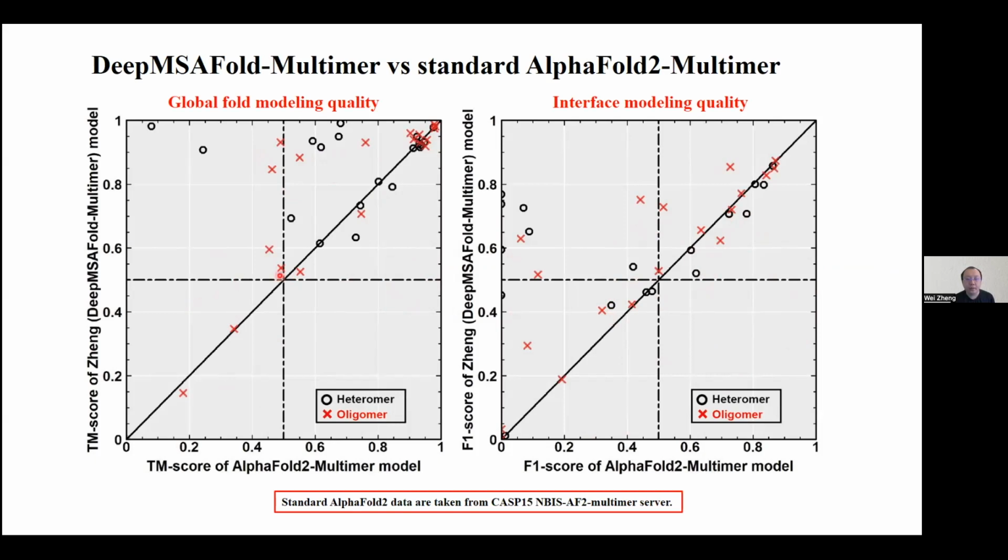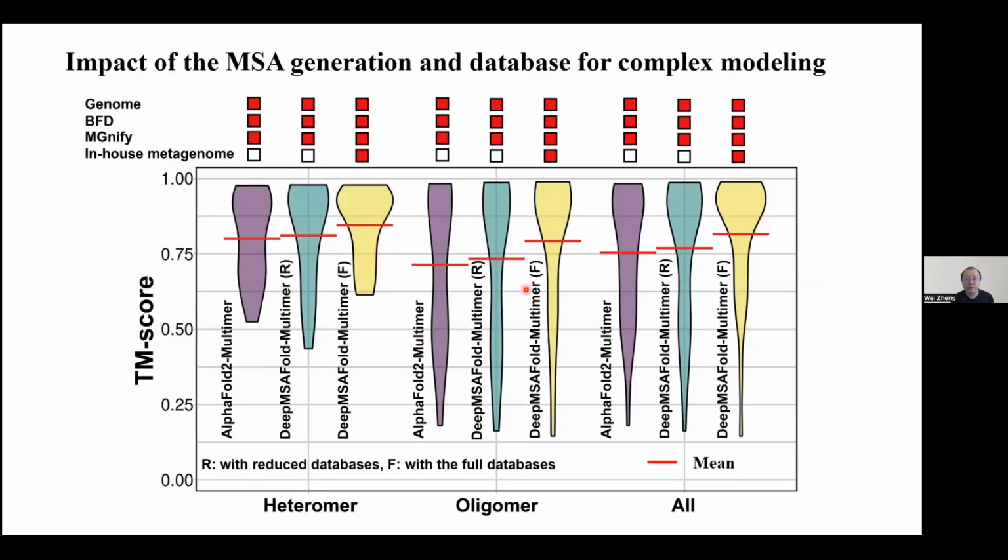Overall, DeepMSA fold could generate models with better quality in both global fold and complex interface than AlphaFold2. Since DeepMSA fold mainly focused on optimizing the input MSA given to AlphaFold2, our MSA has two major differences from the AlphaFold2 MSA.